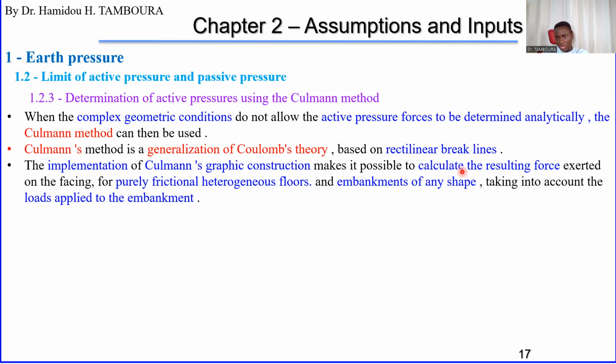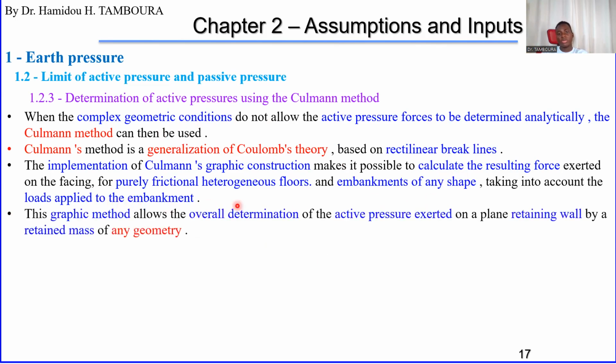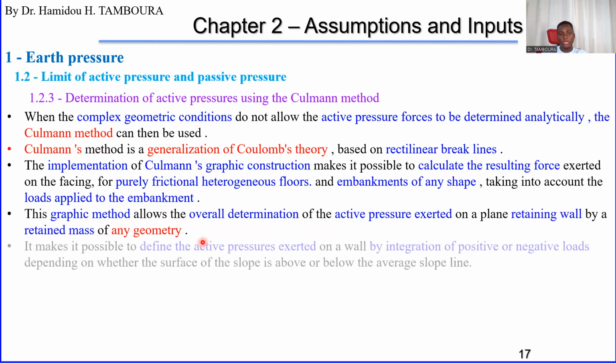In that case, this method gives another alternative to calculate the active pressure. The graphic method allows the overall determination of active pressure acting on a plane retaining wall by a retained mass of any geometry. It doesn't matter the geometry, this method can work.